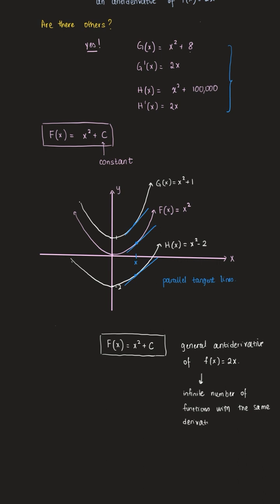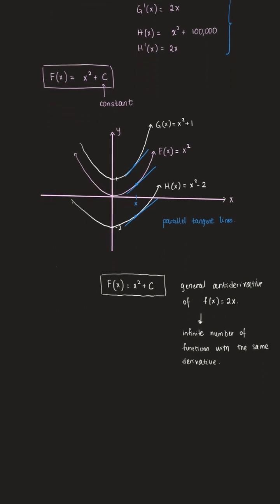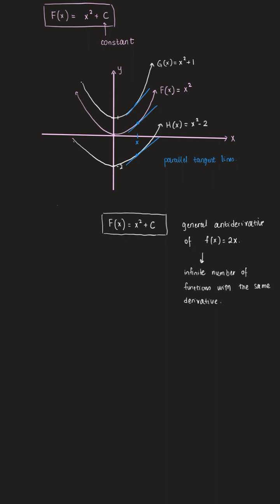We'll do one more example to find this family of functions that have the same derivative. Let's suppose, for our second example, that we're starting with a rate of change function, g of x equals cosine of x, and we're interested in finding a family of functions that has cosine x as its derivative.